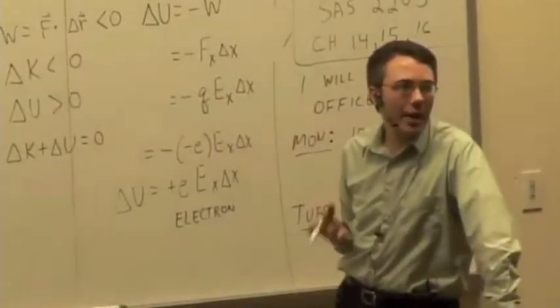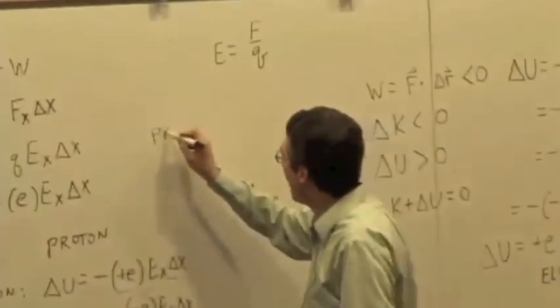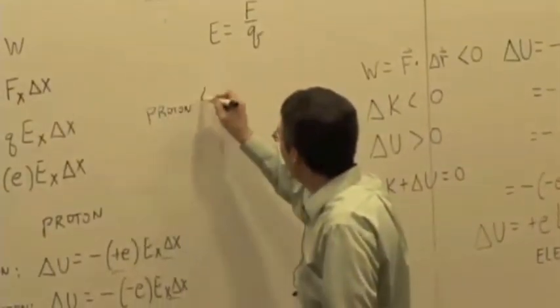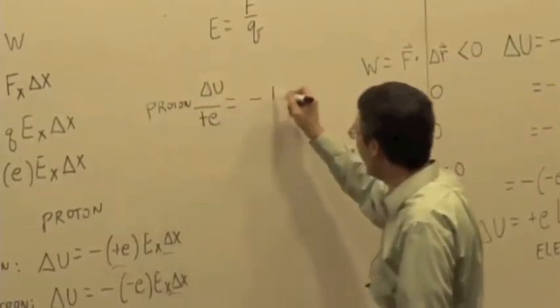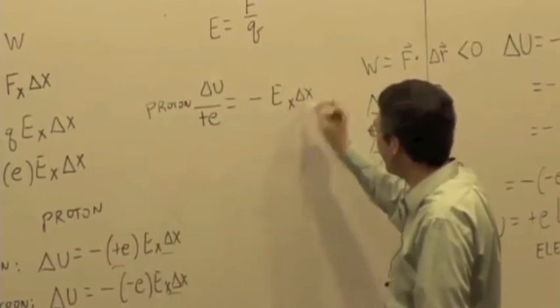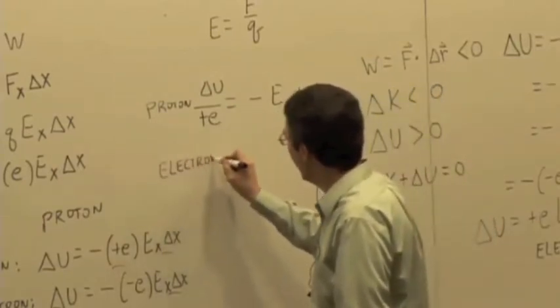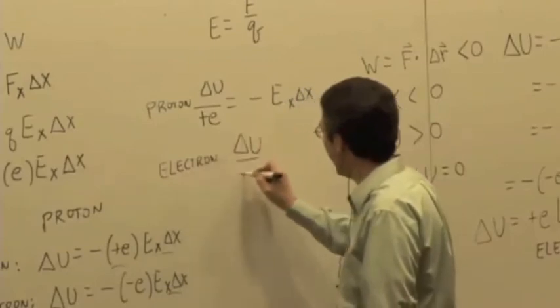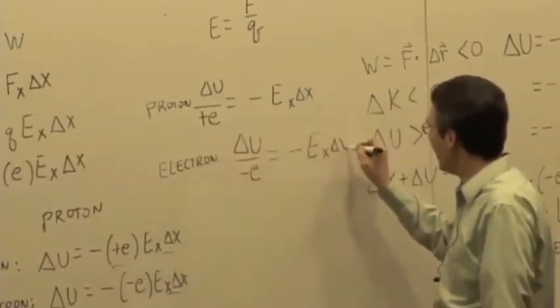So let me look instead at the change in potential energy per unit charge. For the proton, delta U over the charge, which is positive e, is a negative E_x times delta x. For the electron, delta U over the negative e gives me a negative capital E_x times delta x.